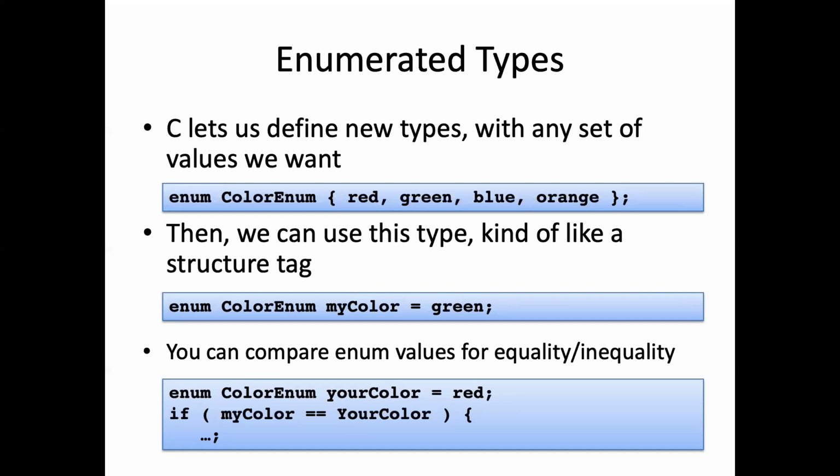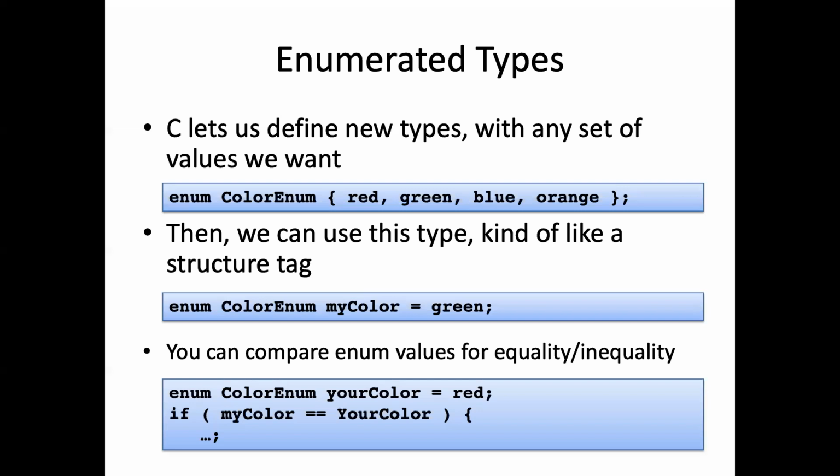This is better than using the preprocessor because, like I said, the language knows what you're trying to do. It knows that you're trying to define a type with a particular set of values. Once you've made a value of an enumerated type, what can you do with it? Well, a variable like myColor, or another one I define down at the bottom of the slide, yourColor, you can assign to any of the 4 values within that enumerated type.